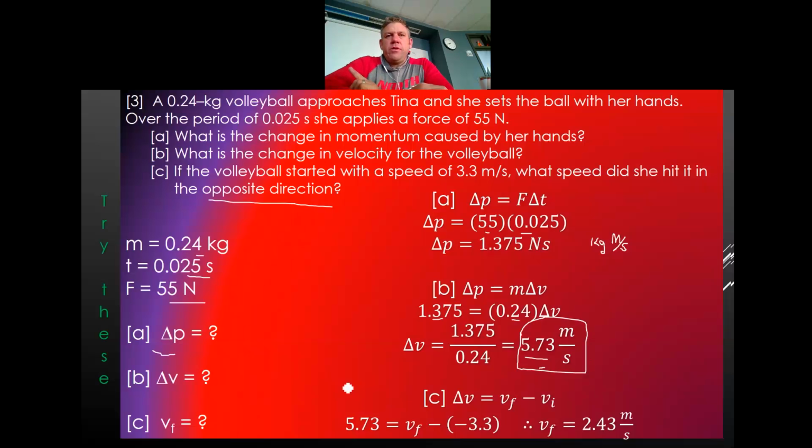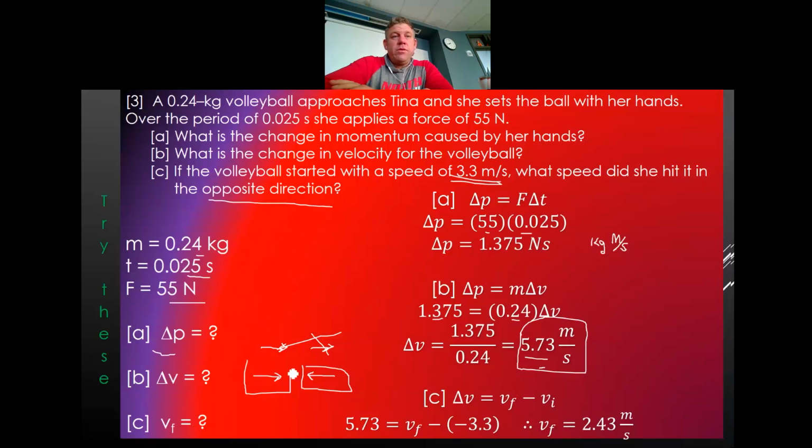Now, there's two ways to look at this. All right. If this volleyball was going this way, and then she hit it that way, that should make this 3.3 meter per second here bigger. But that's not the case. That's not what's happening here. So this thing went this way, and so she then hit it that way, right? So what happens is we have to have a negative.